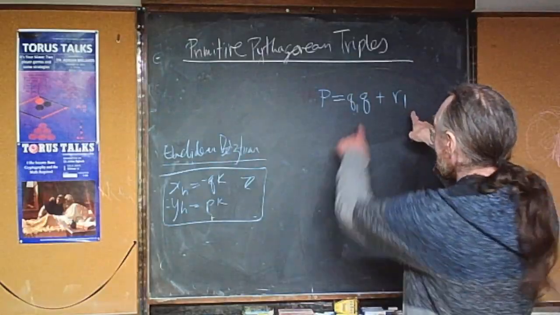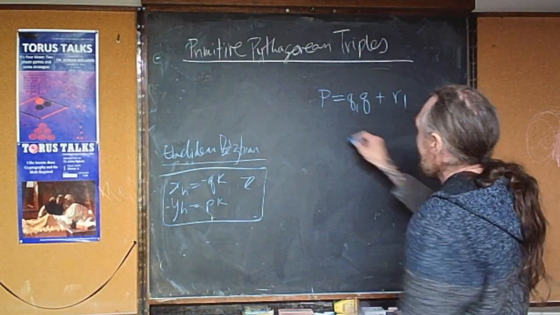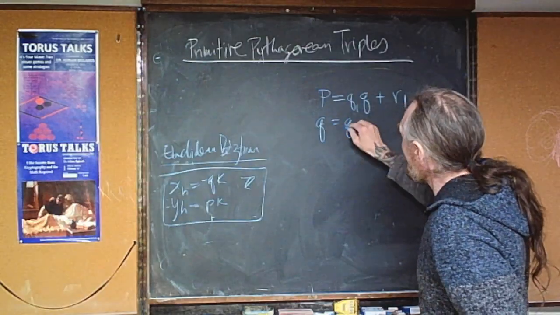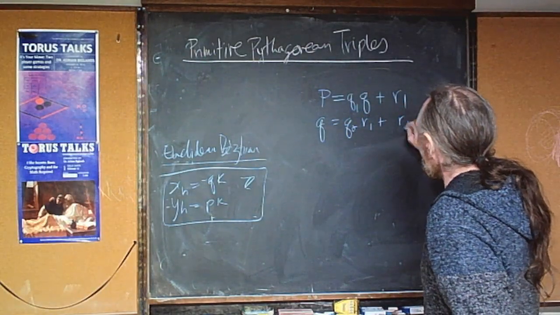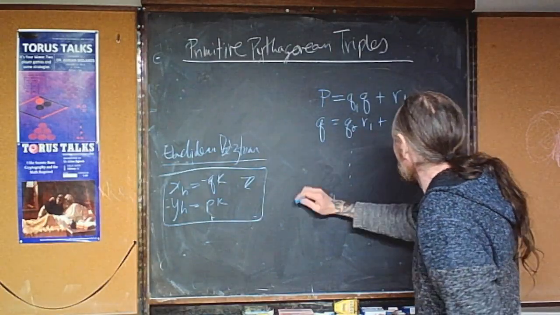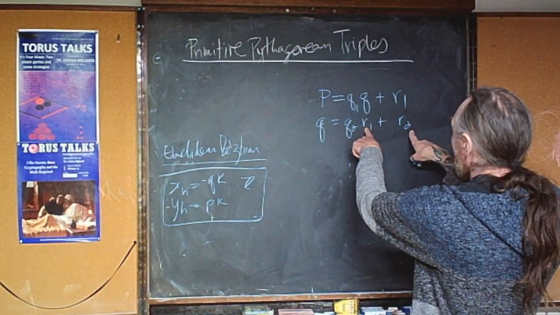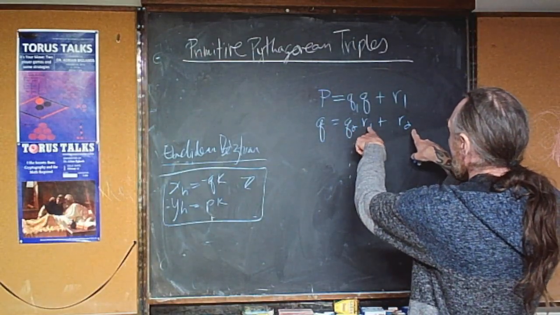And then what we do is I take these two guys, and then I do it again. So then that means Q will be Q2 times R1 plus R2. And then I go down to the bottom when I get Q, that should be, now what are we going to get? We're going to have all these guys.